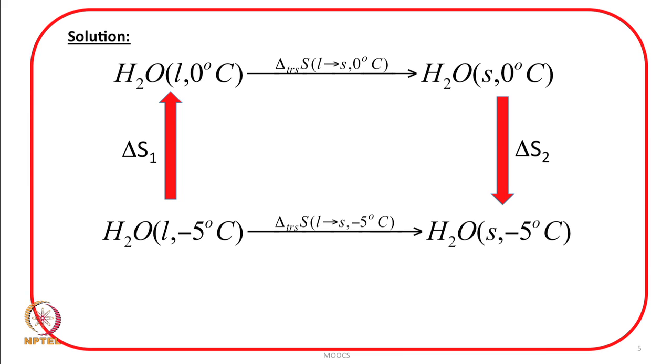Let us try to understand this cycle very, very carefully. This is the desired process. This is the asked question: water in liquid form at minus 5 degrees Celsius is freezing at minus 5 degrees Celsius.